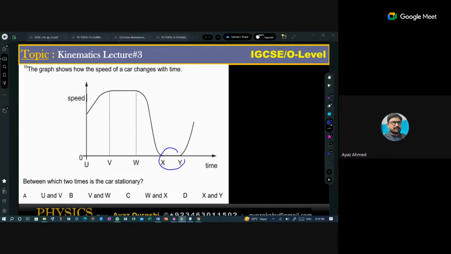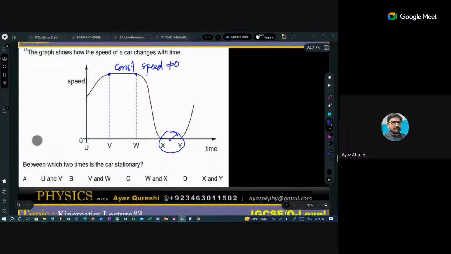Good. Because here the speed is reaching zero. That's why the car has zero speed, so it is stationary over here. Between these two points, V and W, the car has constant speed. But this is non-zero, right? Which is not equal to zero. Is it clear? Yes, sir. Is it clear to both of you?